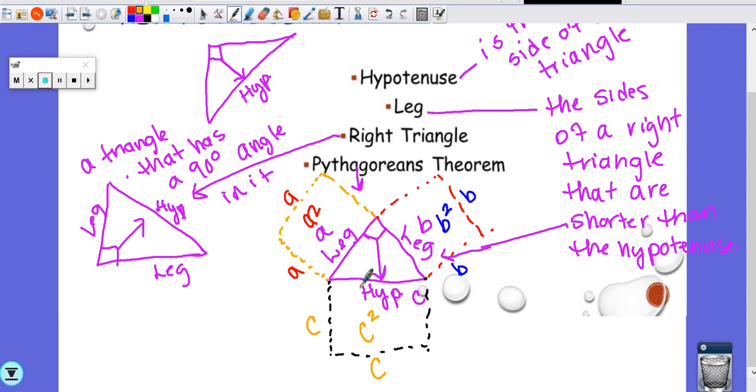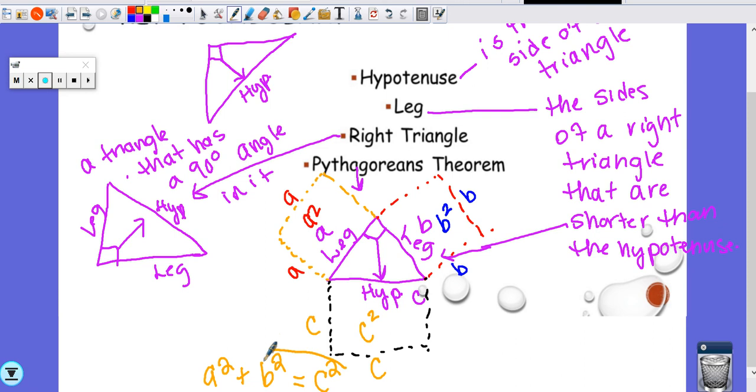So what this is saying is, if I add the area of these two squares together, it would equal the area of this square. If I was to literally take this apart and put these squares inside of this square, they would equal. So Pythagorean's theorem tells me that the area of this square plus the area of this square equals the area of this square.